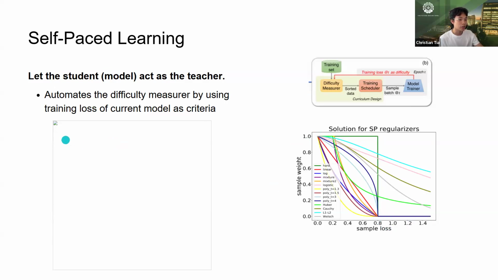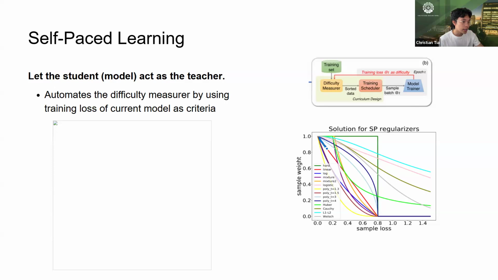That's why it's called a hard regularizer, and it's binary. The issue with this is that it's unlikely that two examples considered easy are equally important or equally learnable. So in order to add some differences between examples, we can use soft regularizers, which is a function, like a linear function.